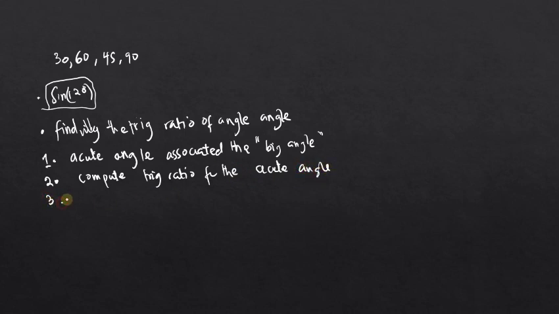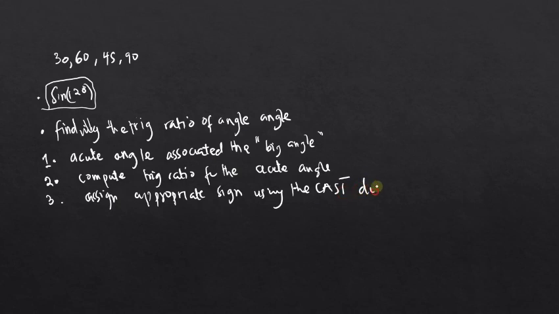Then the third one, the only three, is to assign the appropriate sign using the CAST diagram. So that's basically what you are going to do. Let's start with an example, and then you get a better understanding of what you're trying to do.